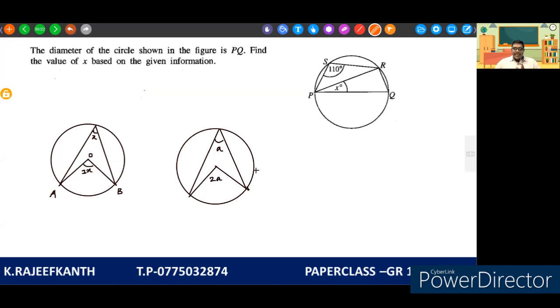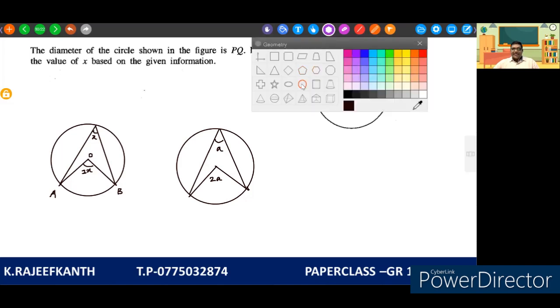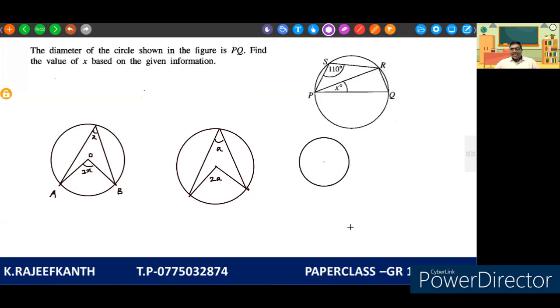Here, by using that theorem, we can get a conclusion: the angle of a semicircle. What is the angle of a semicircle? Here, this is a circle. Here, I mark a diameter. Here, this is the diameter. So this is also an arc, no?